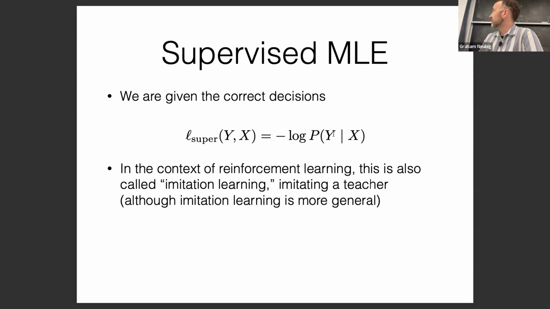In this case, the teacher's actions would be the gold standard output. Maximum likelihood is one variety of imitation learning, but there are also other varieties where every time you get off the gold standard path, it tries to push you back onto the gold standard path, and other stuff like that.